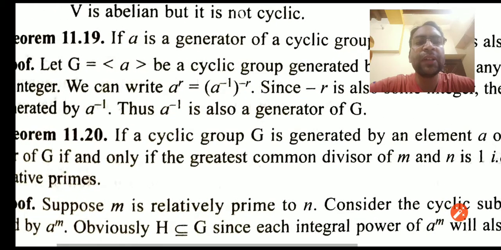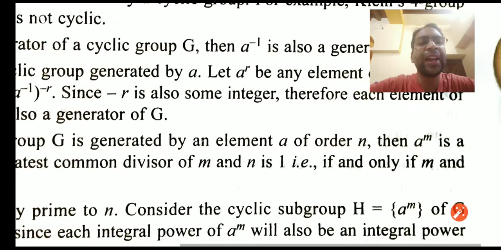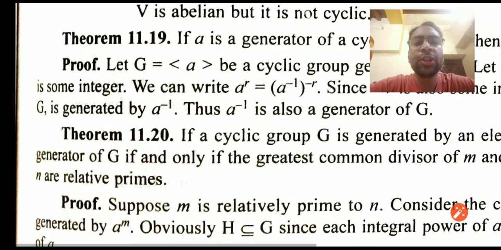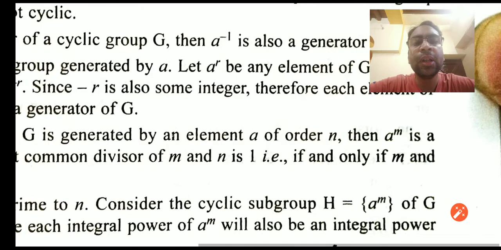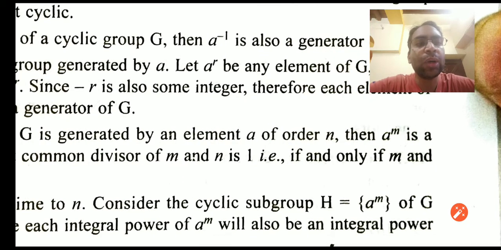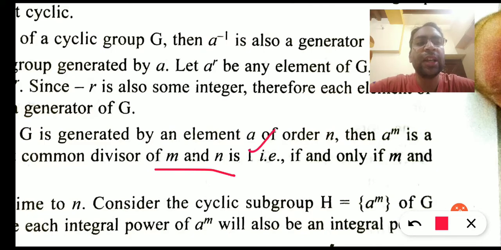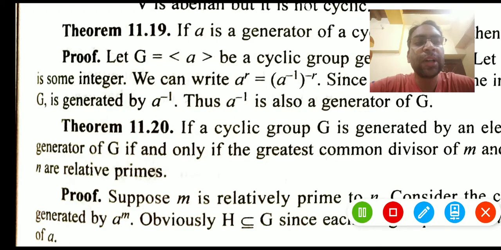Next property: if a cyclic group is generated by an element a of order n, then a to the power m is also a generator of G if and only if the greatest common divisor of m and n is 1. That means their HCF should be 1, so m and n must be relatively prime numbers.